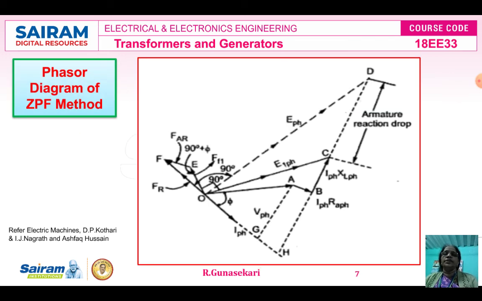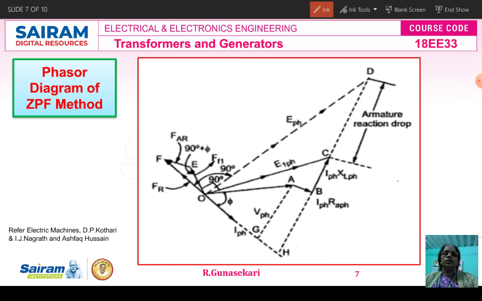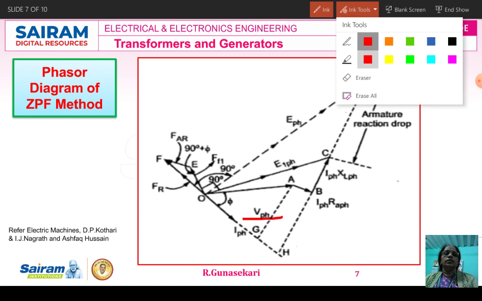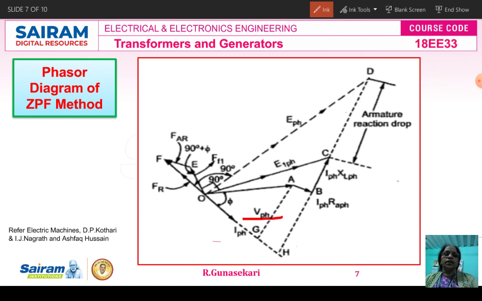Now you see the phasor diagram of the ZPF method. Here the terminal voltage V is the reference vector, and then the Iphase lags behind by an angle phi, and then the IaRa drop is drawn, which is in phase with Ia, and then the IaXL drop is drawn perpendicular to the IaRa drop.